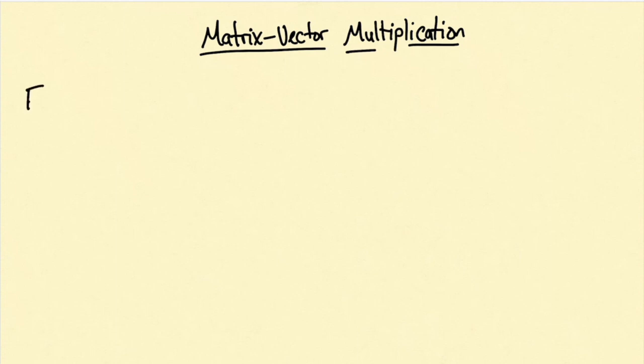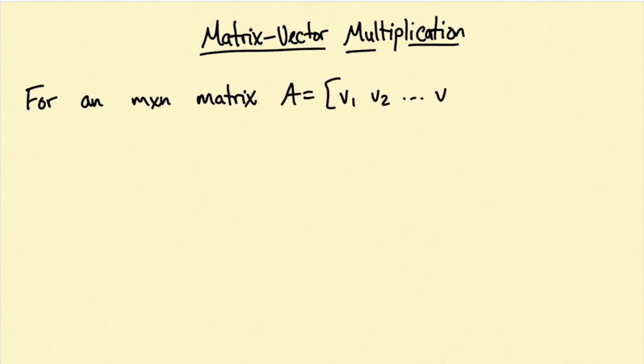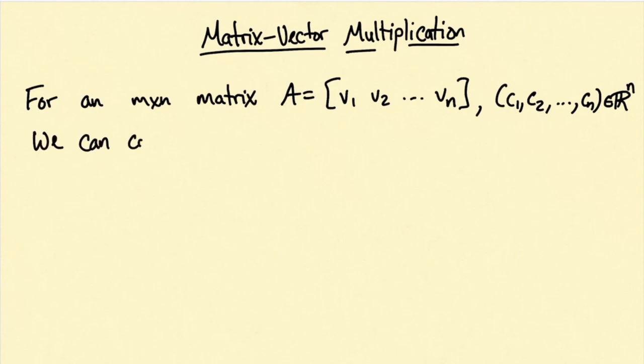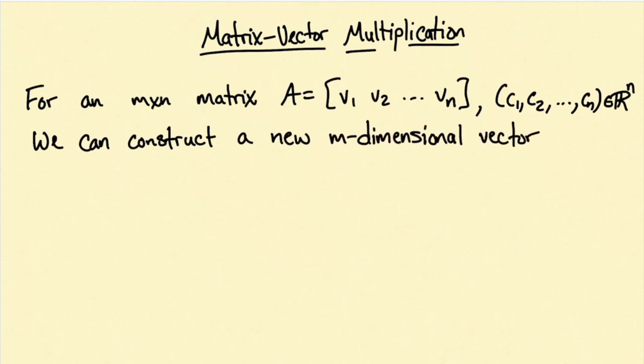We're going to start out with an m by n matrix, A, whose columns are v1, v2, down to vn. And we're going to pick an n tuple of numbers, c1, c2, down to cn. If we think back to our discussion on vectors, we can construct a new m-dimensional vector by taking the linear combination of each of these columns.